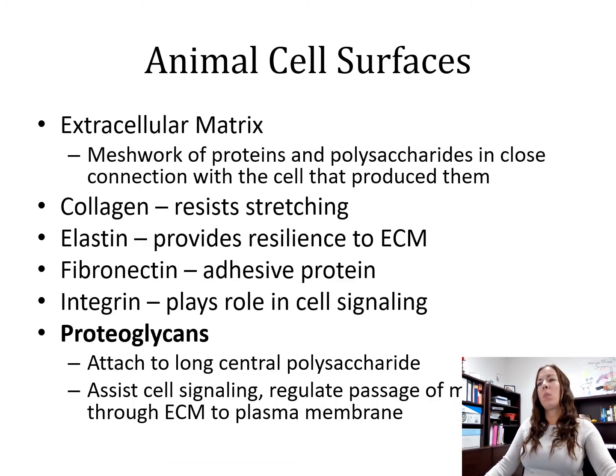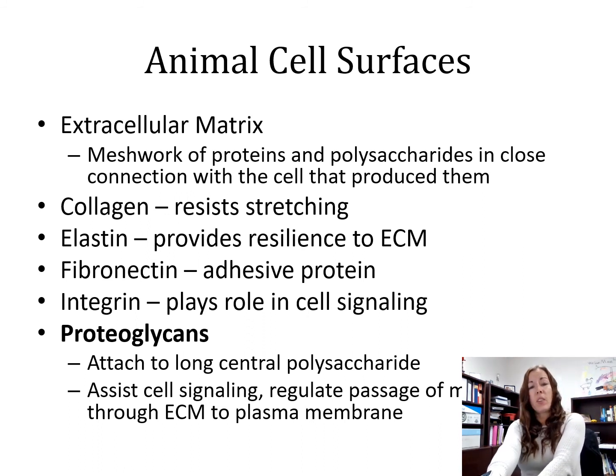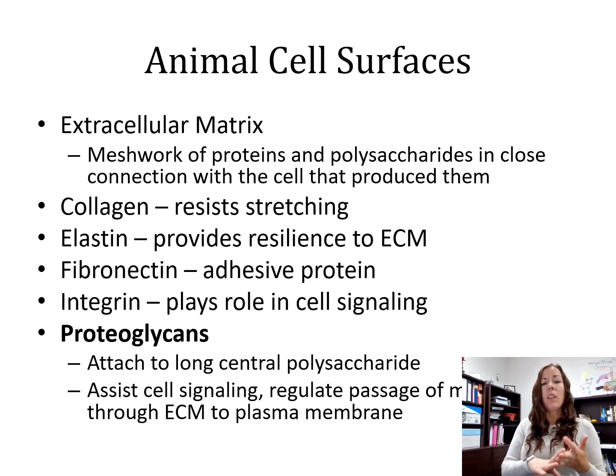So another important component of a cell is the cell surface. And so the cell surface, or the area that's around the cell that's actually secreted by that cell, is referred to as the extracellular matrix. The extracellular matrix is made up of collagen, elastin, integrin, fibronectin, all those things.